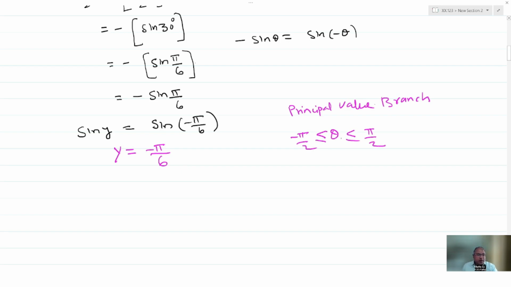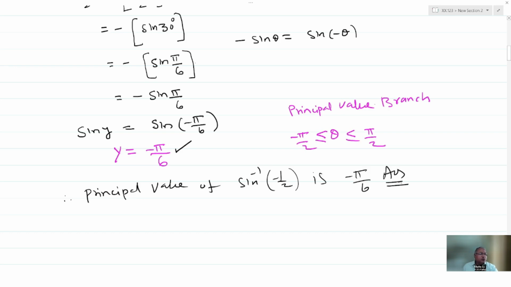That means our result lies between minus pi by 2 and pi by 2. Therefore, we can accept this result. Therefore, the principal value of sine inverse of minus 1 by 2 is minus pi upon 6.